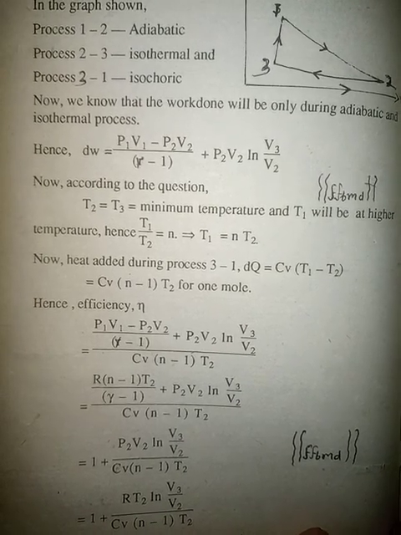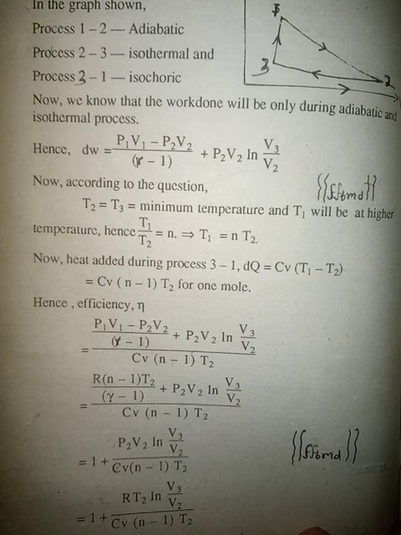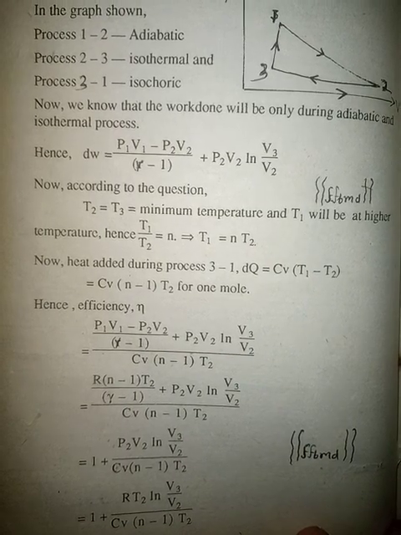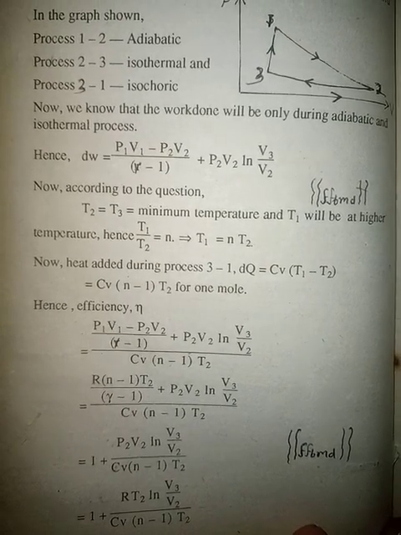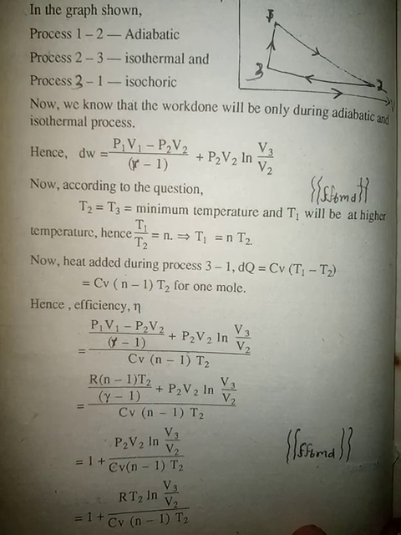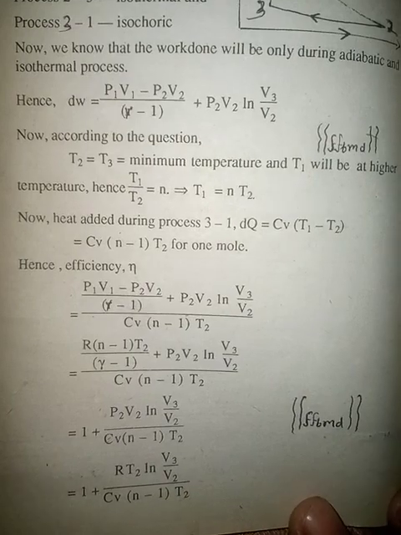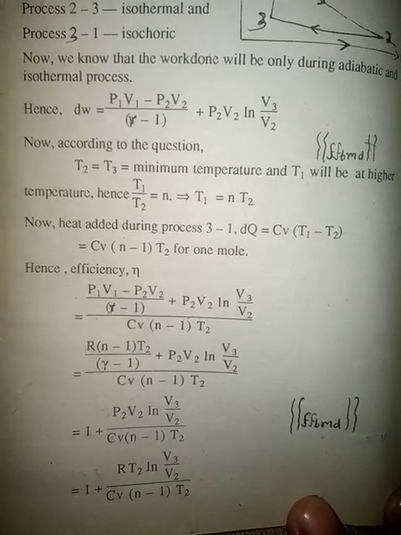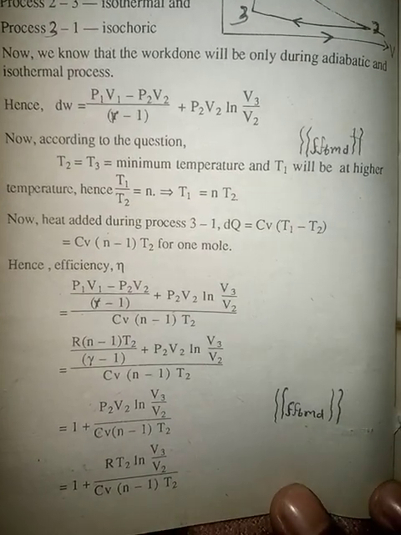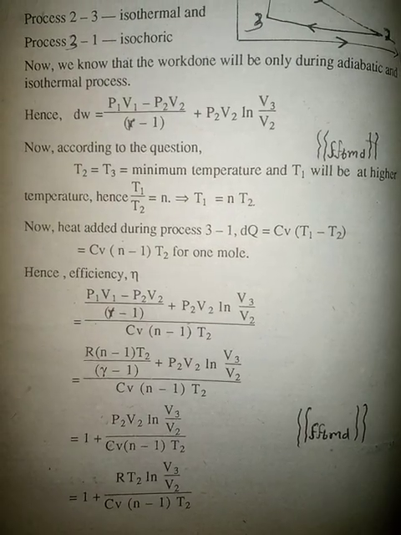This implies dW equals (P1 V1 minus P2 V2) divided by (gamma minus 1) plus P2 V2 log V3 by V2. Also, according to the question, T2 equals T3, the minimum temperature, and T1 will be at the higher temperature.